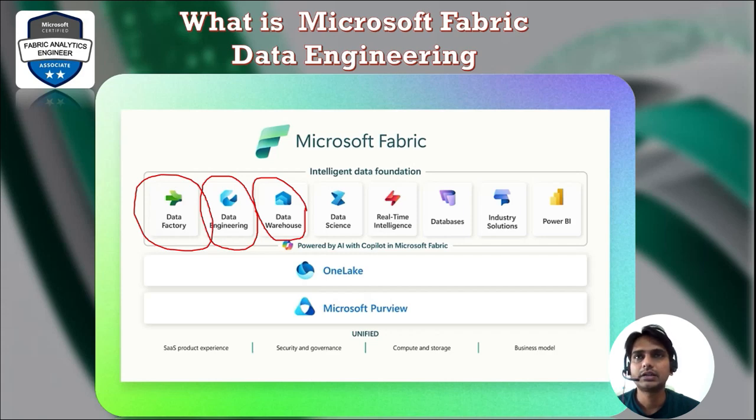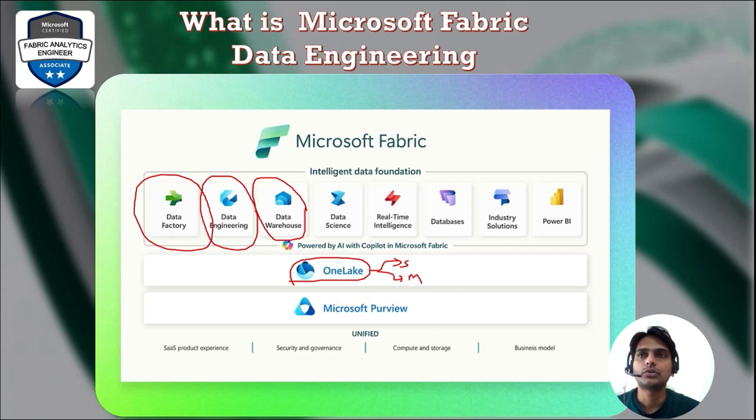Since the data is stored in OneLake physically, there are different concepts that Microsoft Fabric is bringing. It is bringing a concept of shortcuts, and a concept of mirroring. These are very new topics, which would be very interesting to understand. We will discuss that in detail in the upcoming videos.